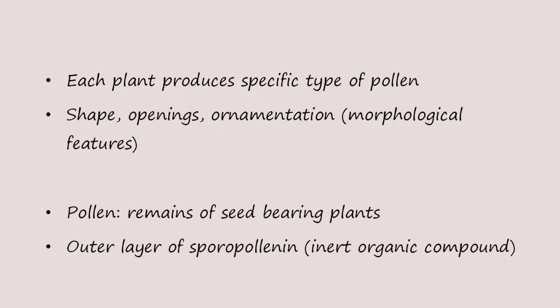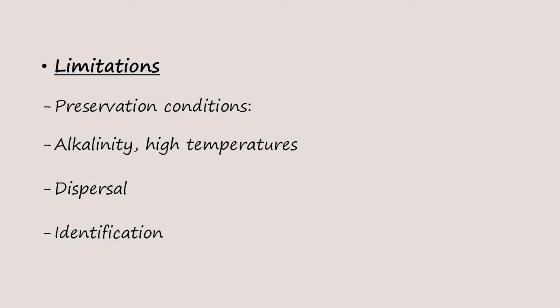The reason pollen is so useful and preserved so well is because it contains an outer layer of sporopollenin, which is one of the most inert organic substances. There are certain limitations, such as preservation conditions, so high alkaline environments and high temperatures don't preserve the pollen too well, as well as dispersal, because certain plants are wind pollinated and some are insect pollinated.